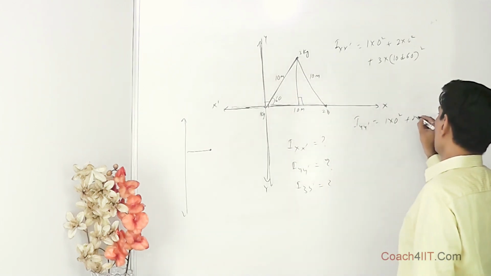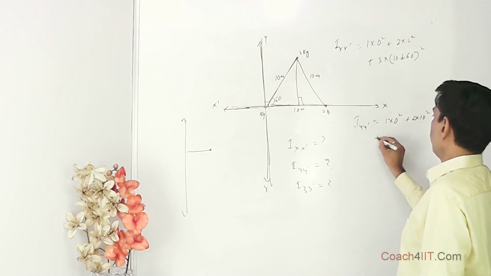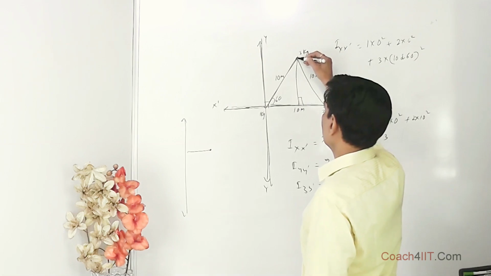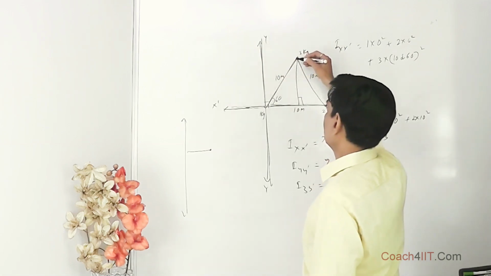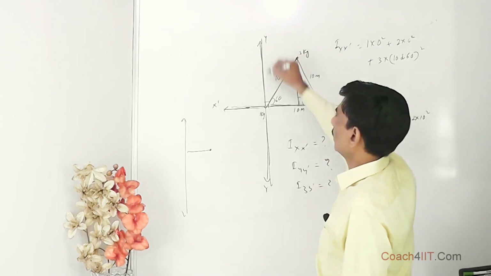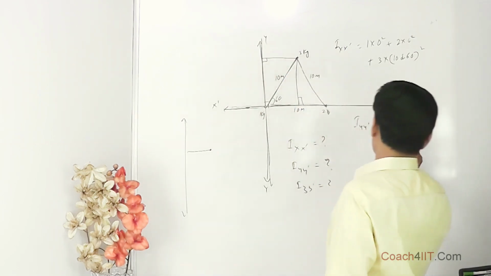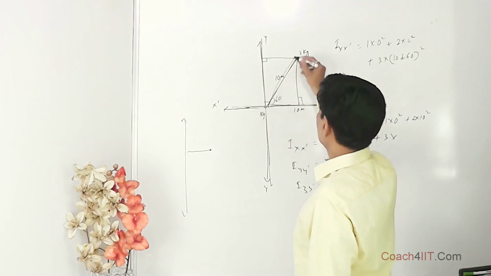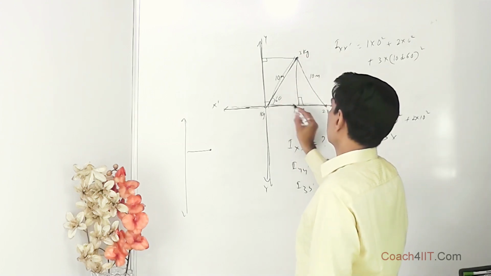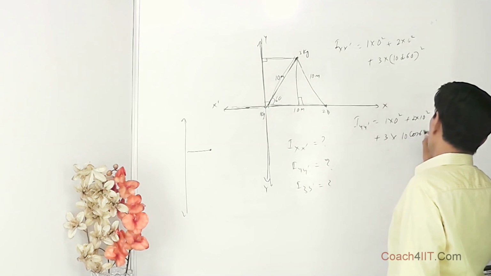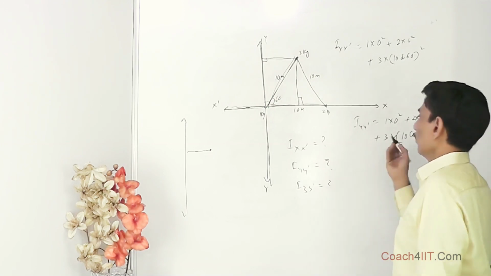So plus 2 into 10 square plus 3 into, what is the distance of this particle from this axis? What is the distance of this man from this river? This is the perpendicular distance. If this is 10, this is going to be 10 cos 60, so this is also going to be 10 cos 60. 3 into 10 cos 60 square, and we can get the answer.